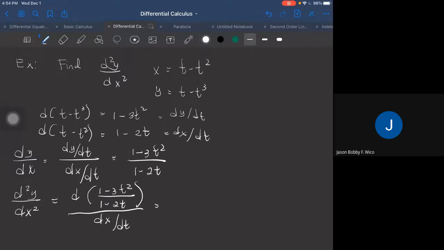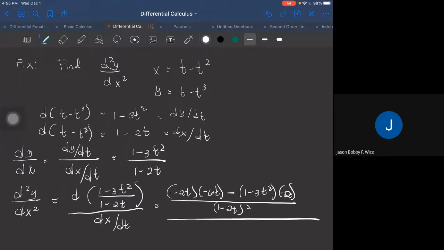So we apply the derivative: low, 1 minus 2t, derivative of the high, which is negative 6t, minus high, 1 minus 3t squared, derivative of the low, which is negative 2. Sorry, this is negative 2. Over low squared, 1 minus 2t squared. But we still have to write dx dt, which is 1 minus 2t.